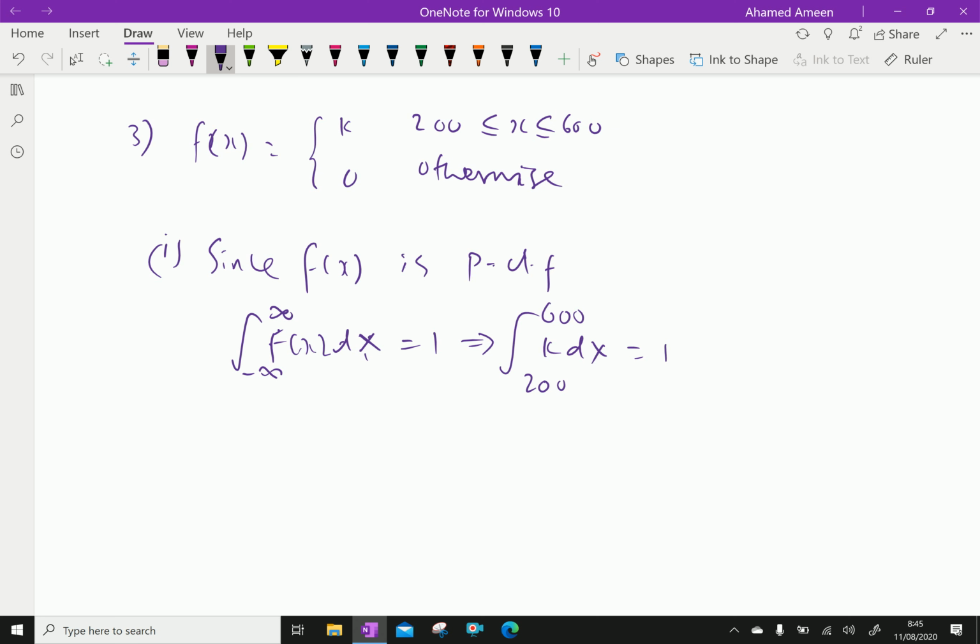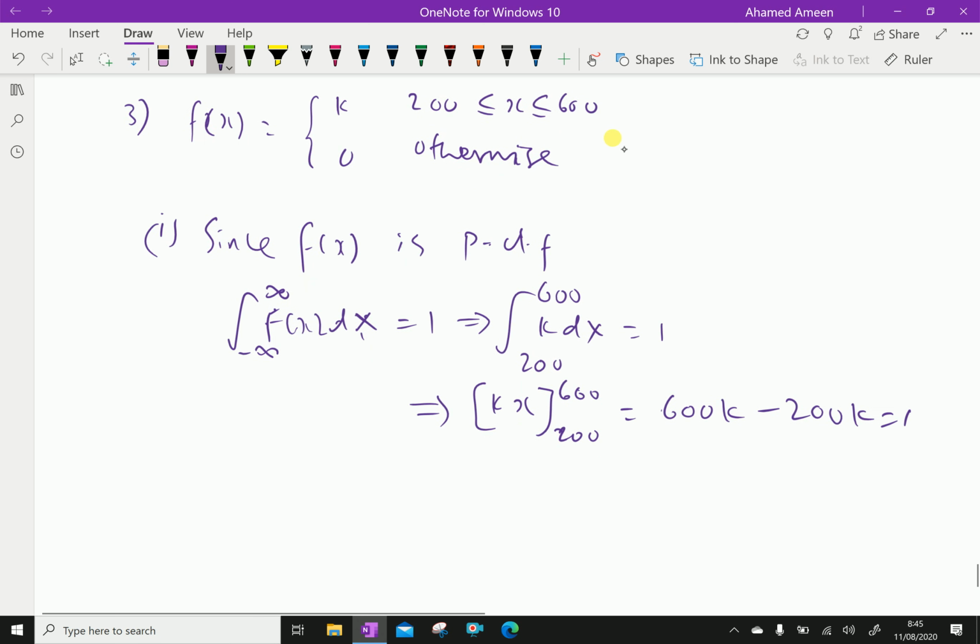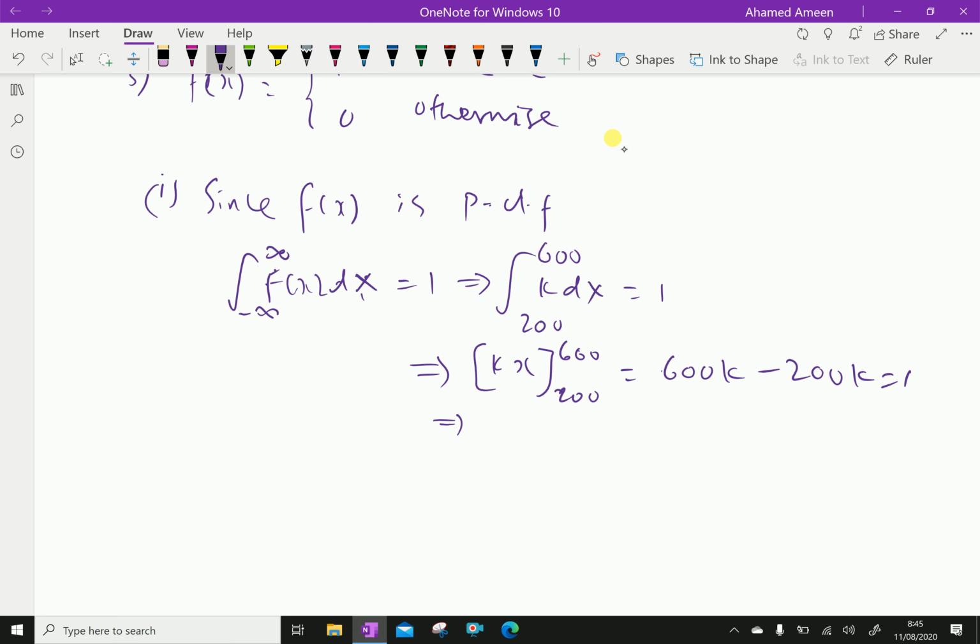Now integrating k is kx from 200 to 600, equal to 600k minus 200k equal to 1, which gives 400k equal to 1. Therefore k equals 1 over 400. We got the value of k.